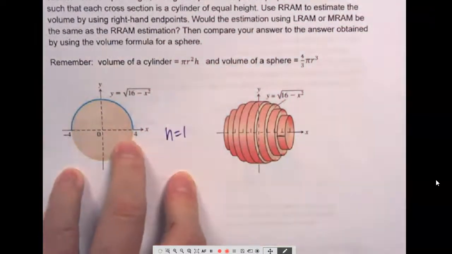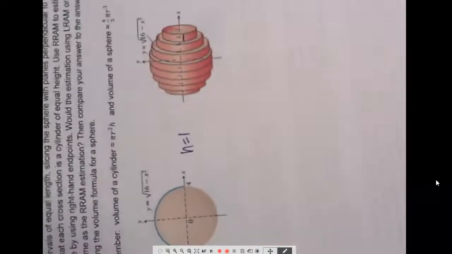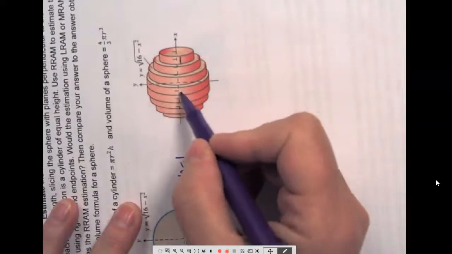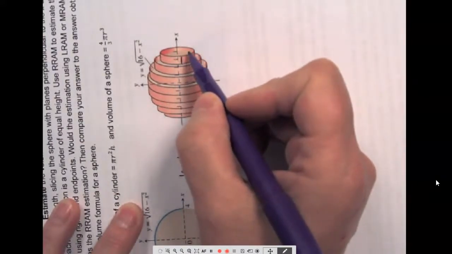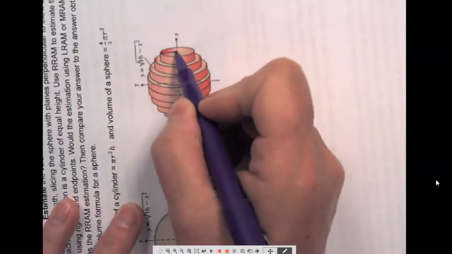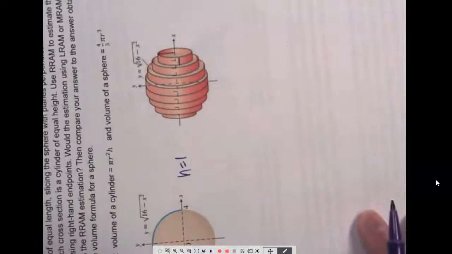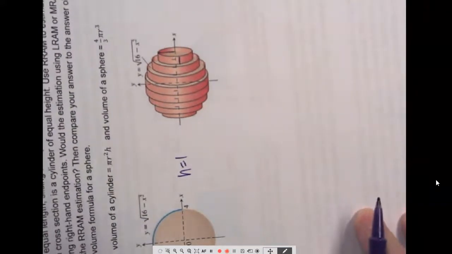H is 1. Now, tell me about the radius of each cylinder. Again, it kind of helps me to turn it this way. Is the radius of each cylinder the same? No. It's thickest in the middle here, thinnest or smallest out here at the ends. How do I determine what that radius is? From the x-axis to the top of wherever the cylinder meets.